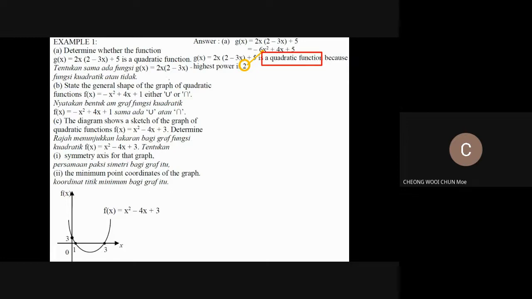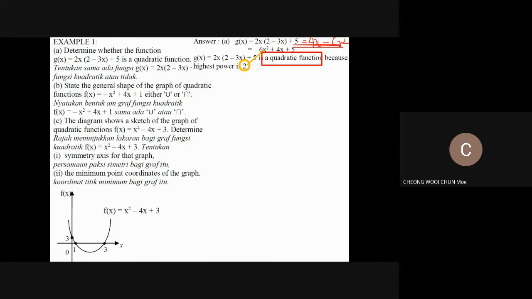So from here, you have to expand. 2x times 2, you get 4x. 2x times negative 3x, you get negative 6x squared, plus 5.